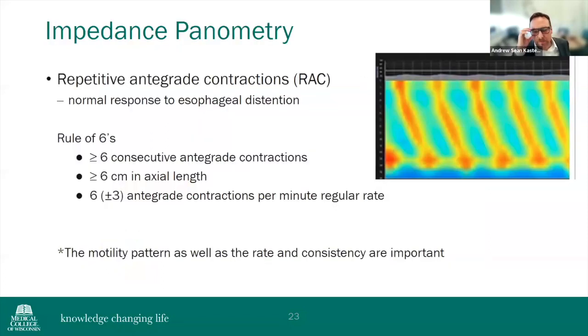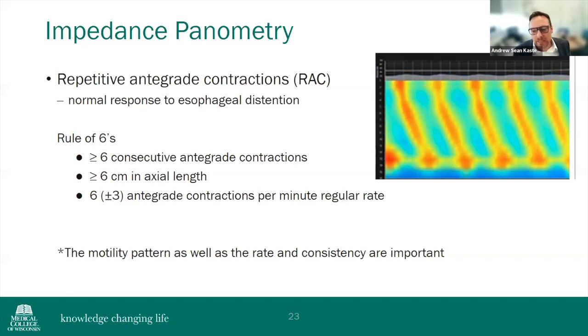A few of those patterns: repetitive antegrade contractions would be considered a normal esophageal distension response. To get this, you have antegrade contractions, and then it has to meet the rule of 6. What that means is it's not enough to have antegrade contractions.